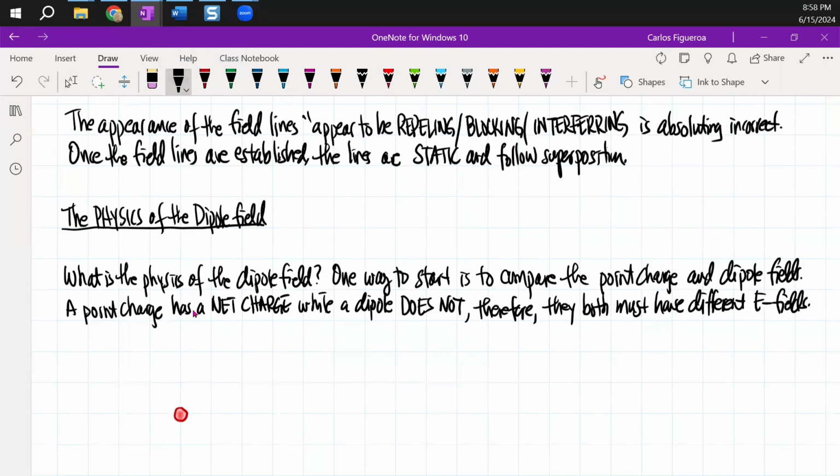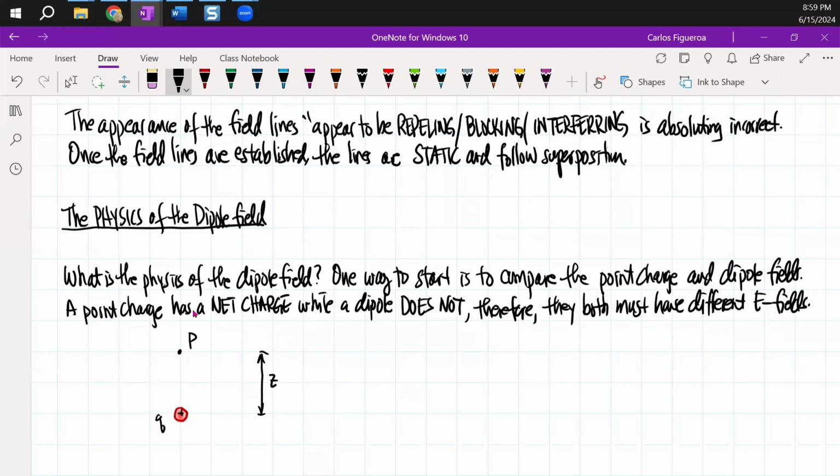And what I'm going to do is look at a point P right here. Okay, this is my point P. So remember, this charge is Q. And the distance between the point charge and our observation point P is going to be Z.